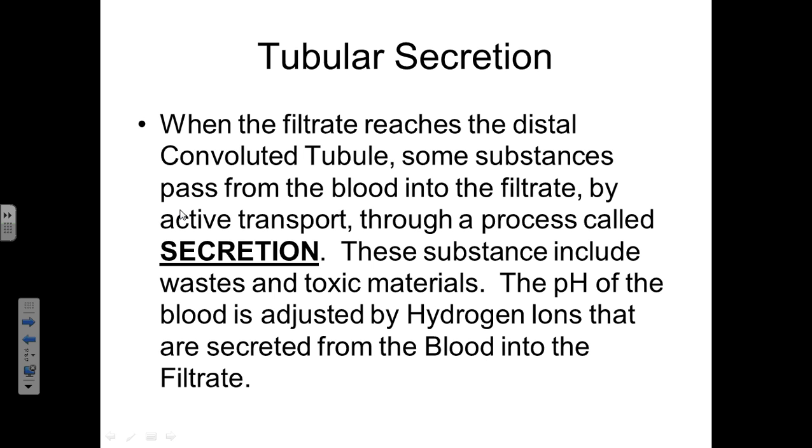When it gets to the distal tube, some things that are still in the blood, we need to get rid of. Like hydrogen ions, like I said before. So hydrogen ions can be secreted from the bloodstream into that filtrate, into the distal tubule, so that we can get rid of them very, very quickly. It's also a way to get rid of waste and toxins and such.